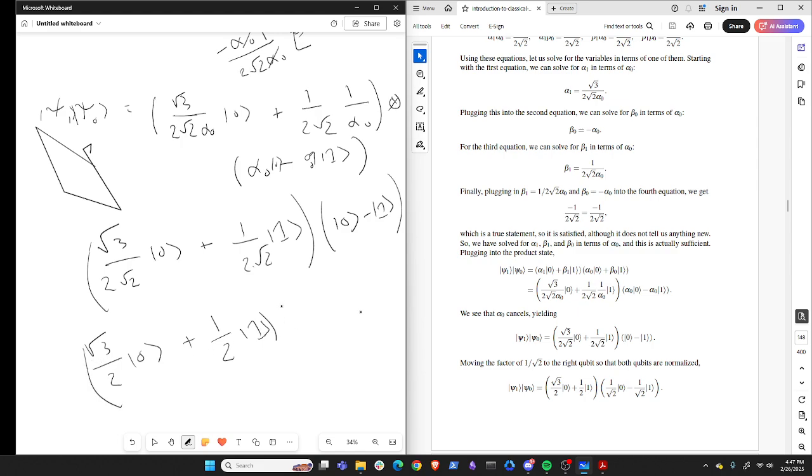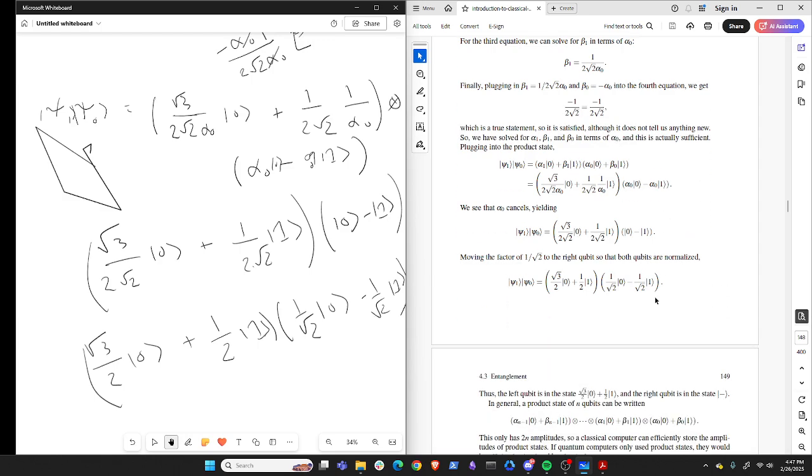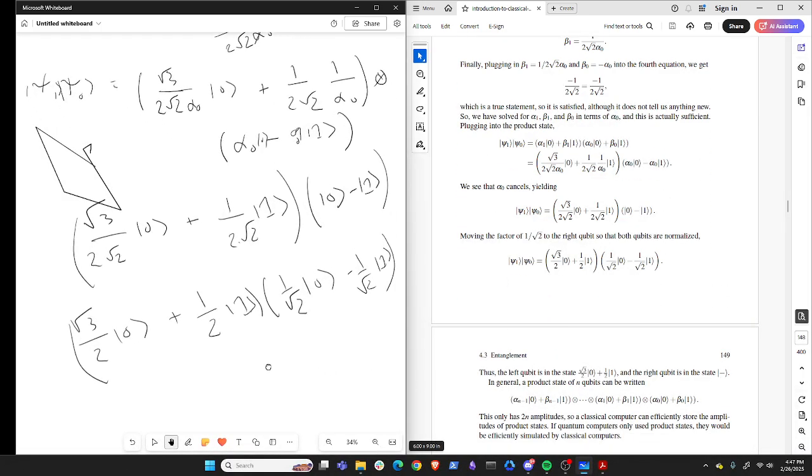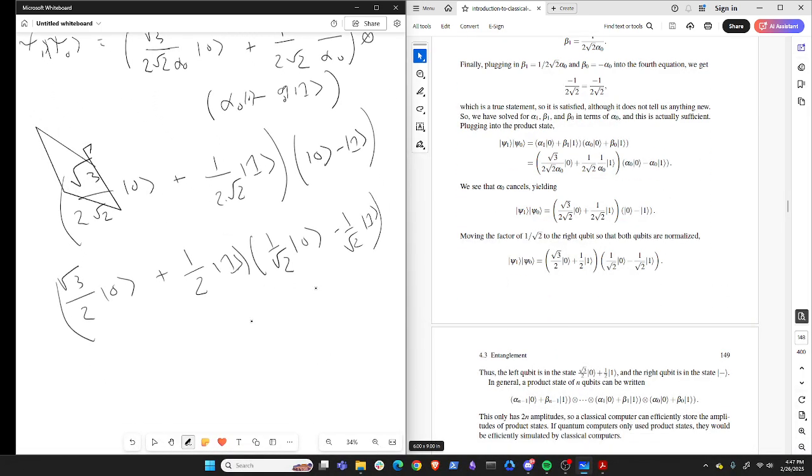And 1 square root of 2, 0 minus 1 square root of 2, 1. So this is minus on the right here. And this is just written as this. We can break that down into the final form of a tensor product.